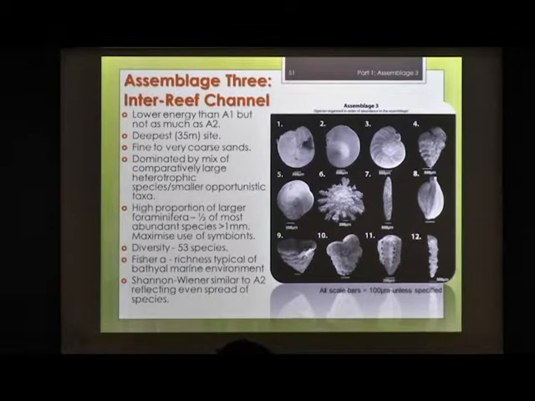So what they're doing is they're making a really big test because they've got symbionts that are helping them grow, and because they're in that slightly lower energy environment, they could afford to grow a much bigger test that was more fragile because they weren't getting moved around as much. Very rich with Fisher alpha and had a pretty good even spread of species, good species evenness.